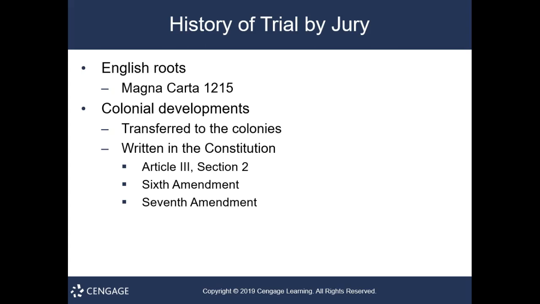Now, what this means is that we can see that probably going on in the colonial times was the king essentially picking the judges that would do his bidding and keep things the way he wanted them kept.